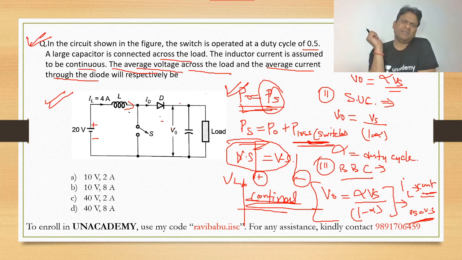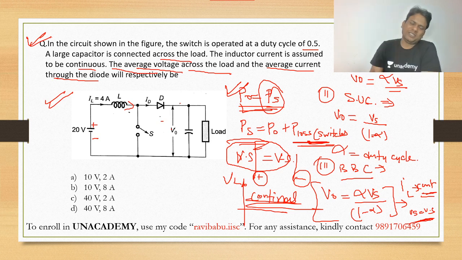Sometimes this discontinuous mode is useful also, when we want to run our motor for some time and don't want to operate our motor for a certain time. But generally we don't want to use discontinuous mode, so more than 95% of questions, or 90%, ask about continuous conduction.